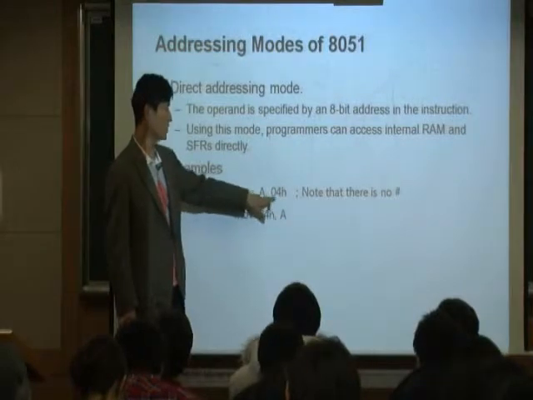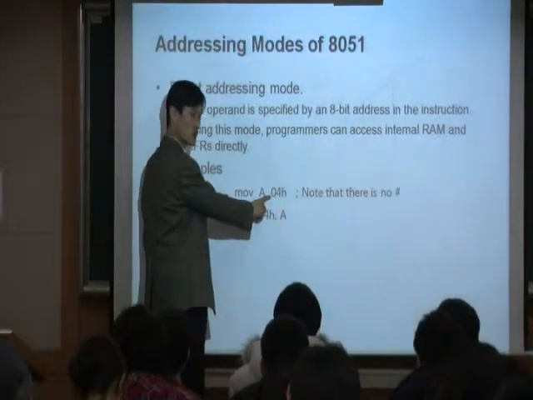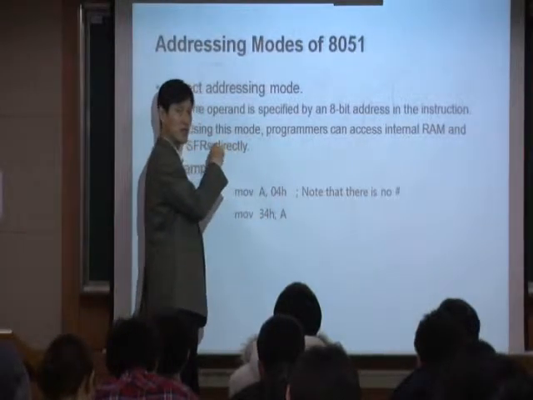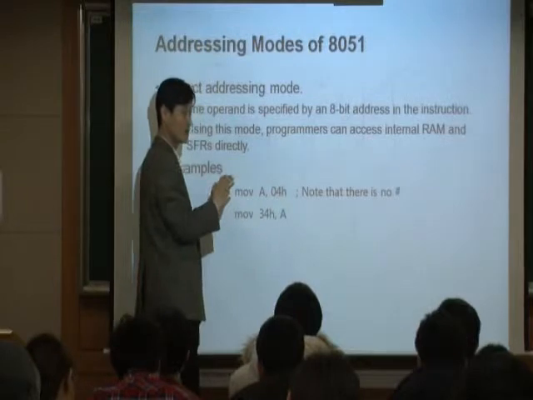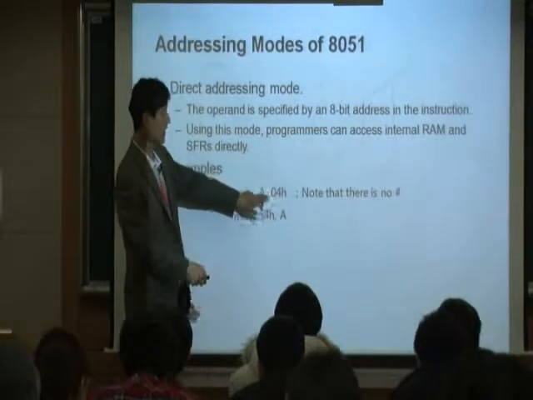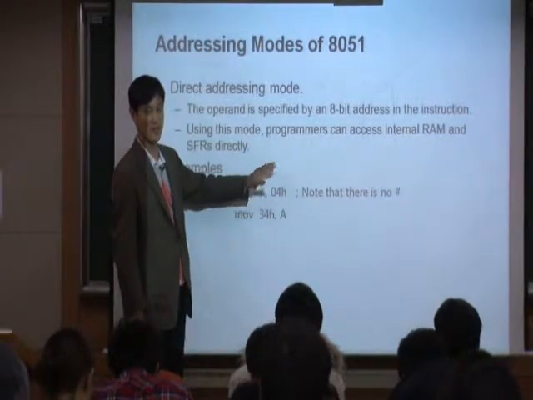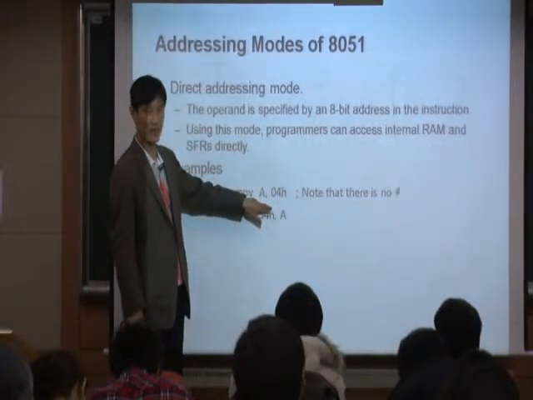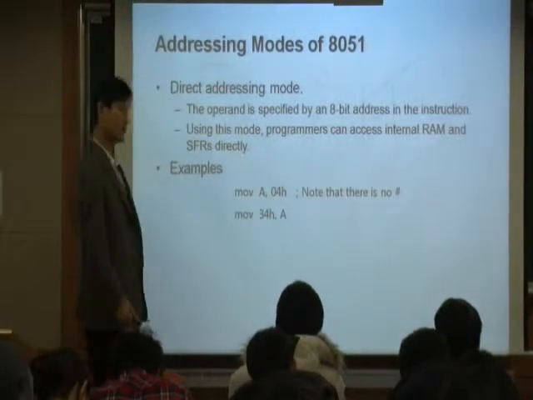The only difference is that we have no pound. Earlier in immediate addressing we have a pound, but here we have no pound. If you have no pound, that means this is not a value. Then what is it? It is an address.